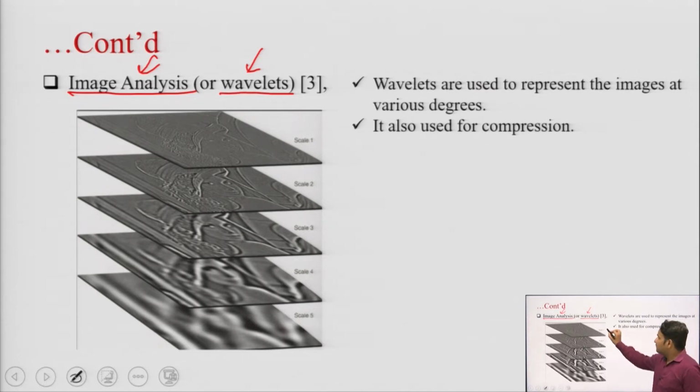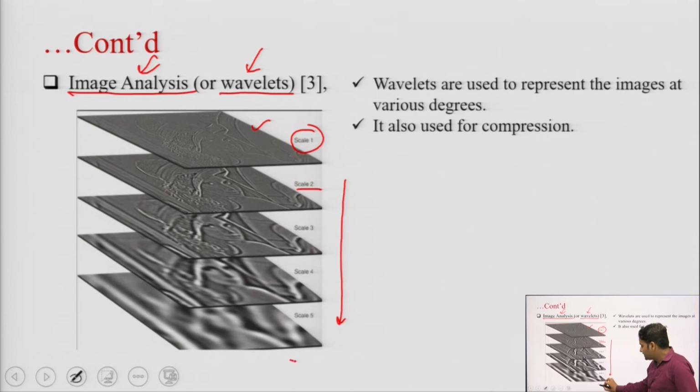So, if we have a scale 1 of one original image that looks like this, then using the other scales, scale 2 to 5, your image analysis at the end you may observe in this manner. So, you can say that the complete image is thoroughly analyzed, and using the wavelet transform you can also get the information of each and every pixel.